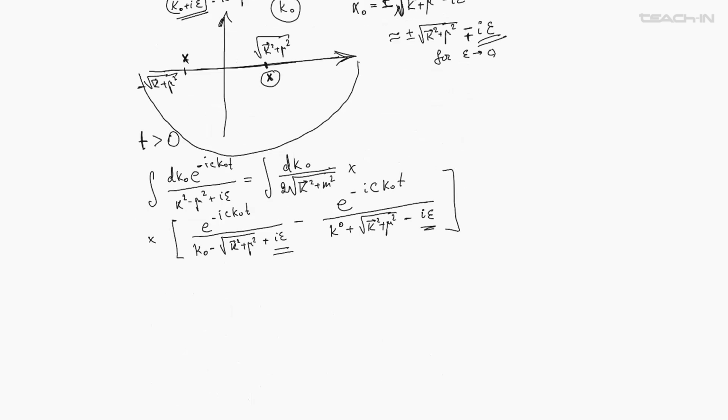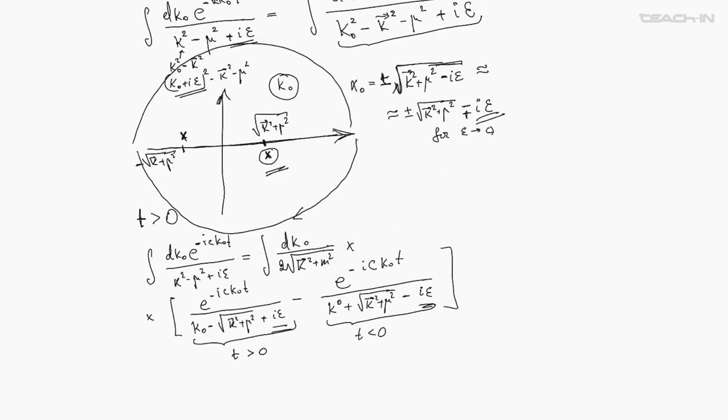Now my statement is that for t bigger than 0, I have to close the contour in the lower half plane and take into account the contribution from the pole in the lower half plane, this one, while the other term will contribute in the opposite situation, where t is less than 0, and for that you need to close the contour in the upper half plane.